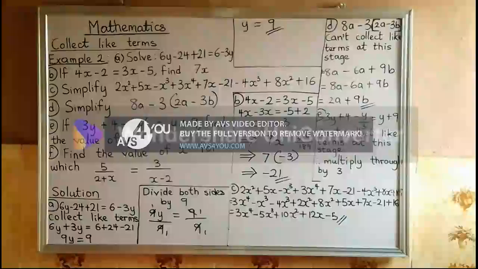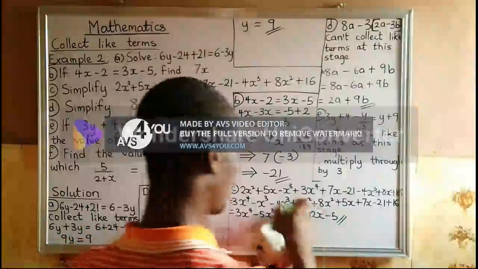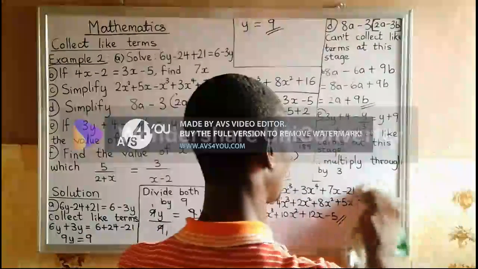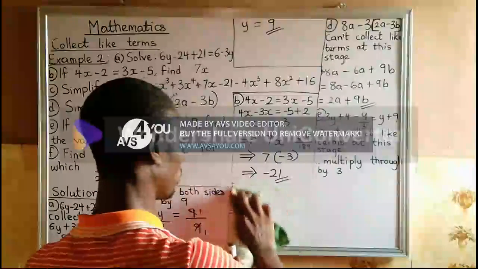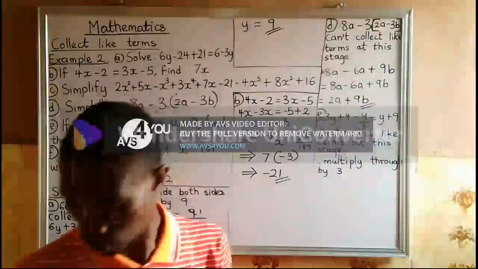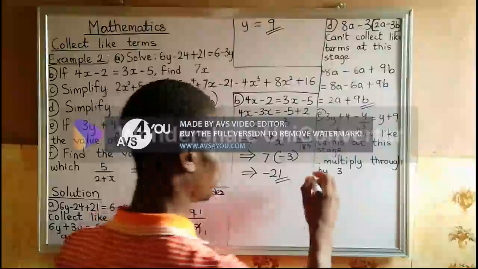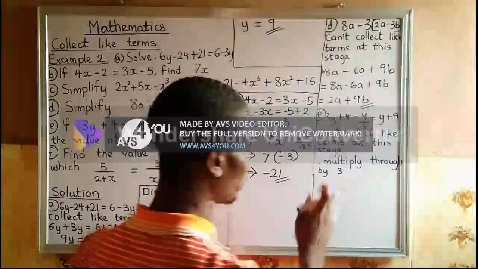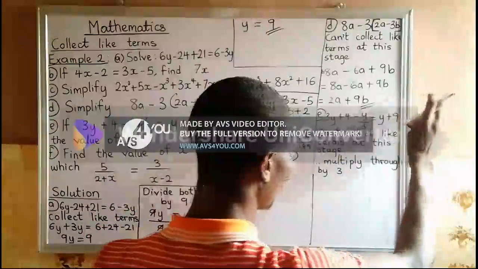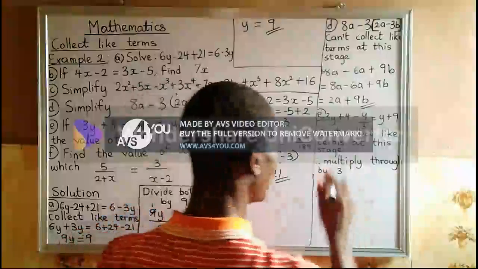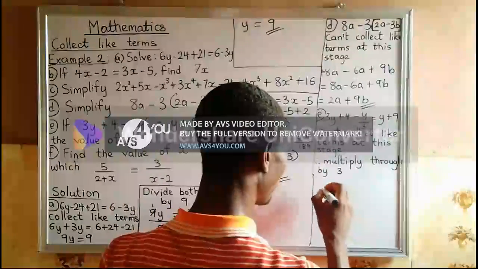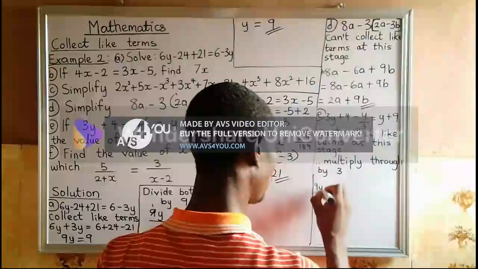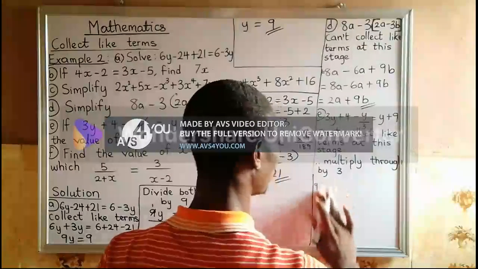Sorry, we've solved question C, so permit me to rub these off. Alright, so we are multiplying each of the terms here by 3. So 3 times 3y will give us 9y, right?